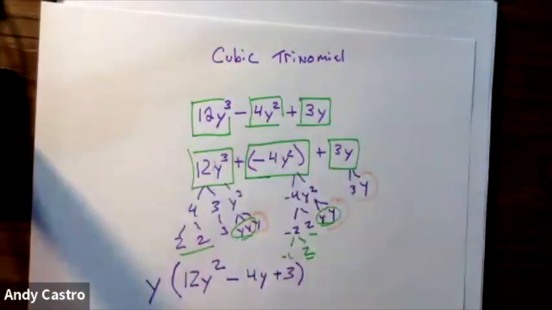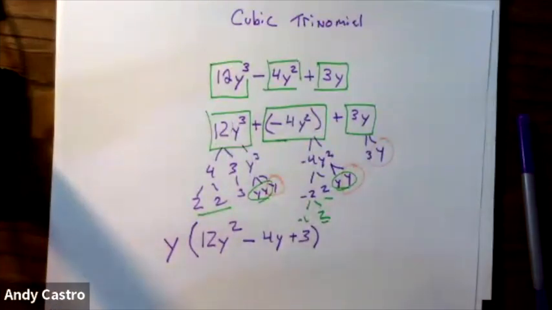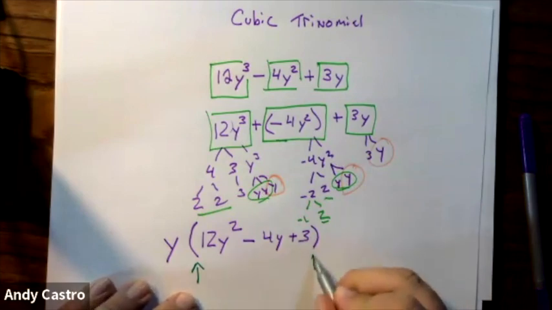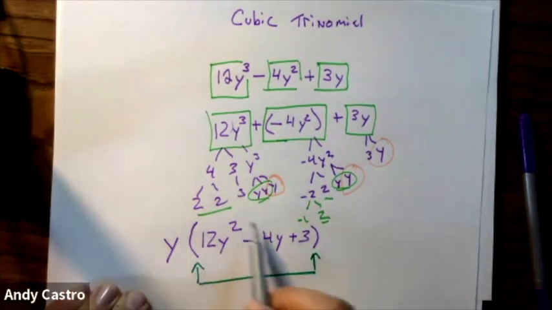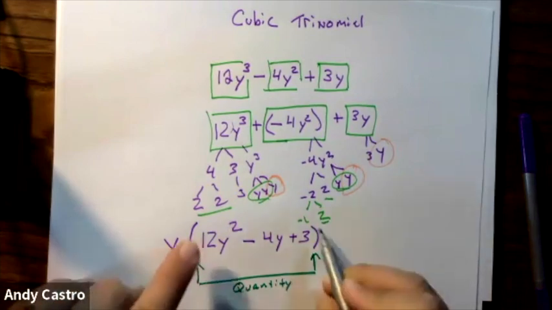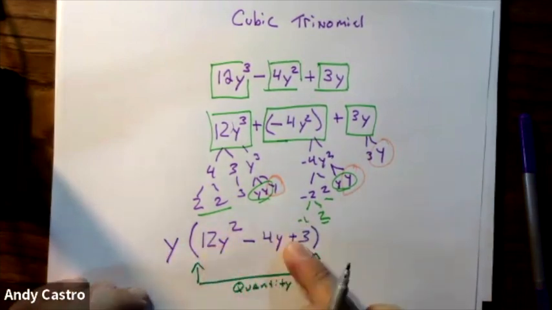And notice where my parentheses are. The parentheses are very important here because that tells you that I'm taking this y and I'm distributing it into the whole quantity. Remember, if it's surrounded by parentheses, we call this a quantity.